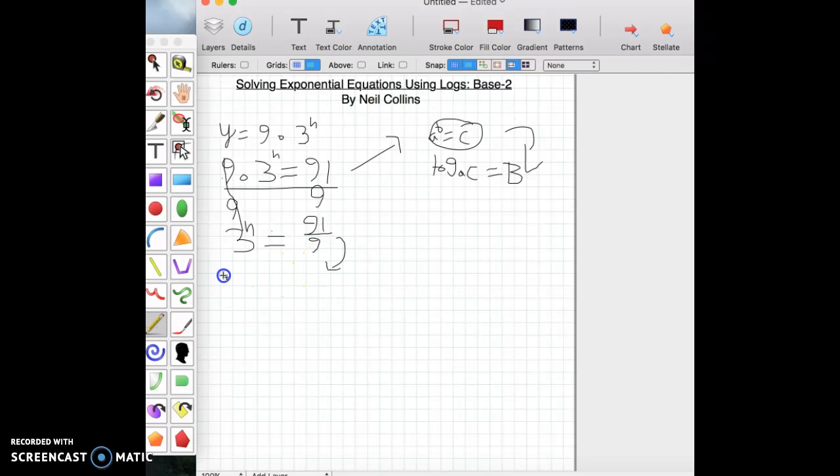So let's start off with log. And another way to write h would be log 3 to the 3h.